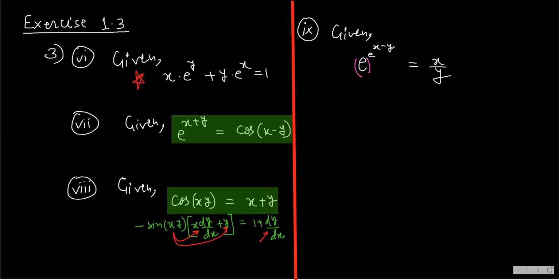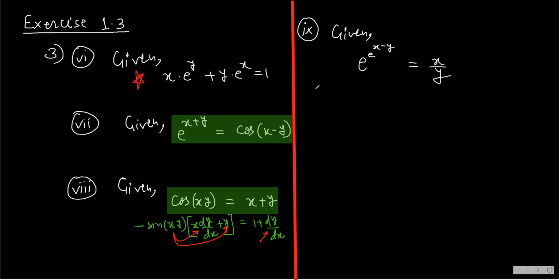Since I have a power expression here and on the other side I have numerator and denominator, I prefer to take log on both sides. I must say here that taking log is not mandatory. It can be done even without taking log, but I will take log on both sides so as to simplify it. If you take log then the power becomes a coefficient and the quotient becomes a difference. Here you have x upon y, so it will become log x minus log y.